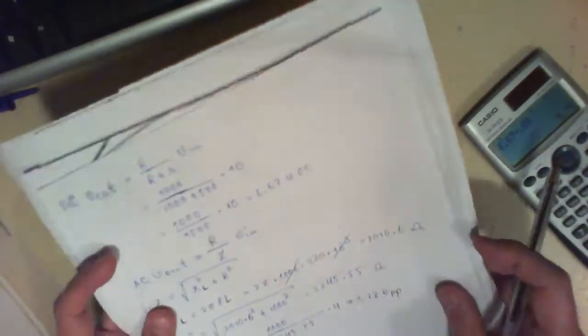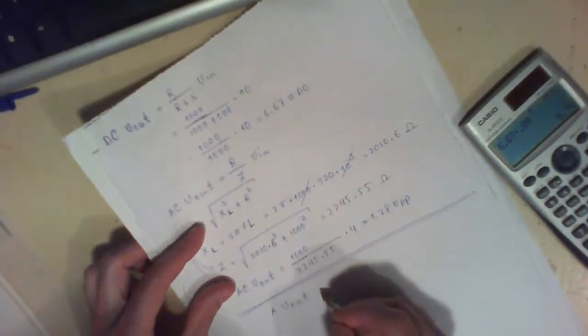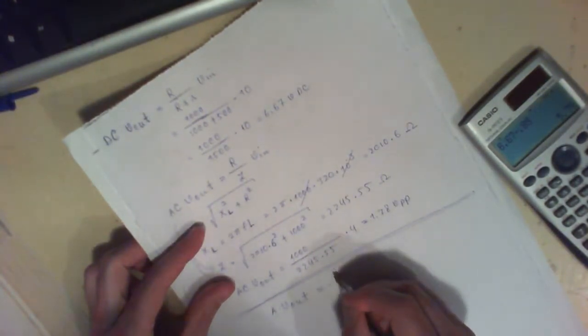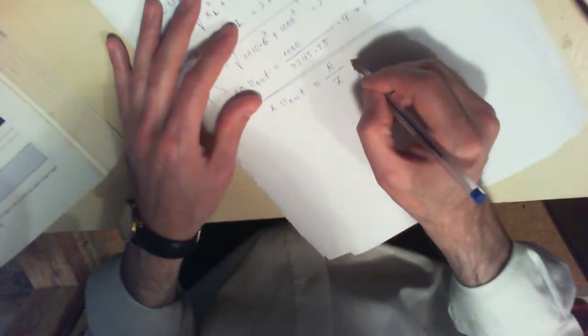Now the next thing that we have here, and there is one thing that you need to pay attention to here, and that is, in order to calculate V of out, the AC voltage, AC V of out, that was equal to basically, for example, something like R over Z times V of in.